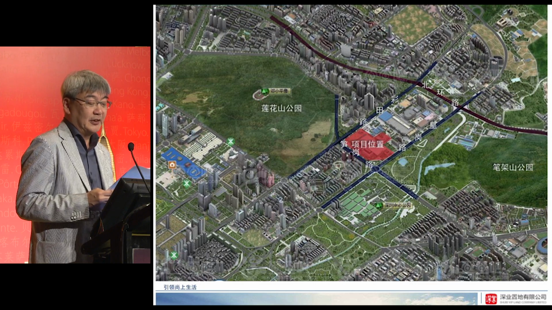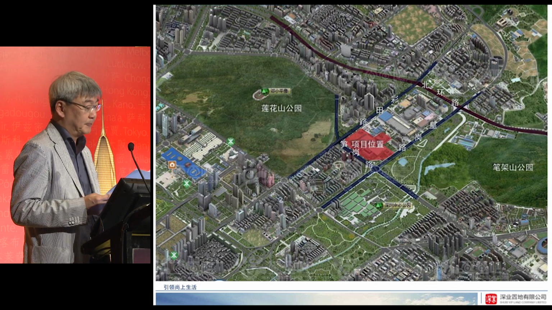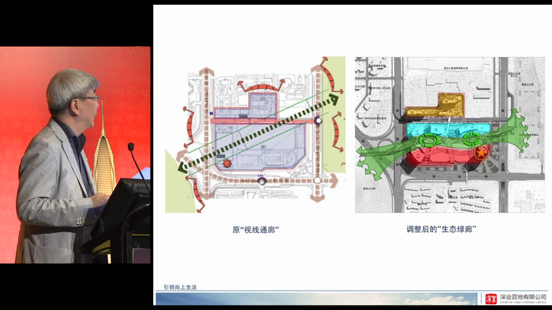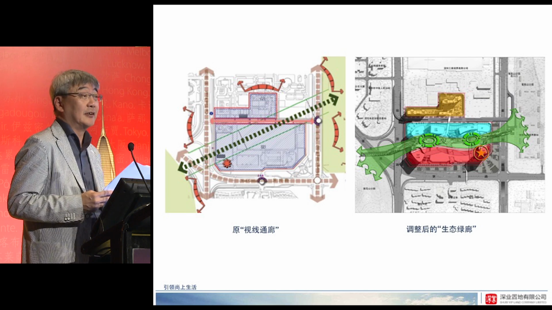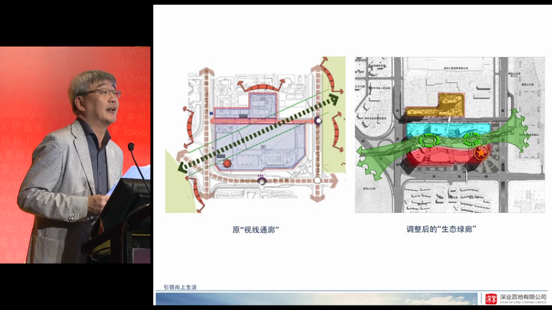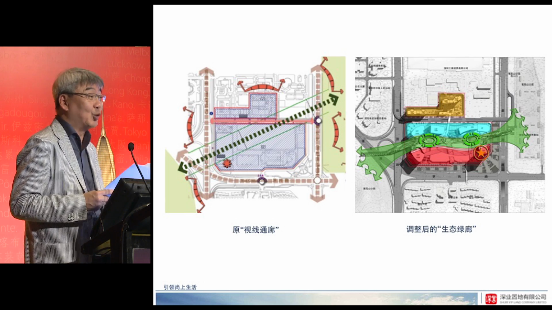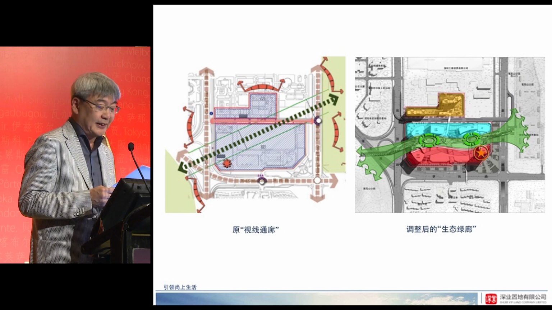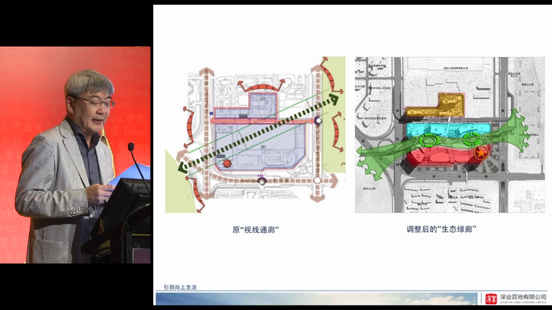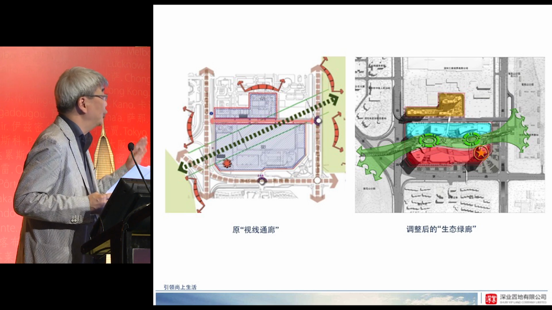At the same time, it is surrounded by main roads of the city on the east, west, and south side. We are quite inspired by this very unique location. We decided to pay a lot of attention to connectivity. We try to connect different spaces.